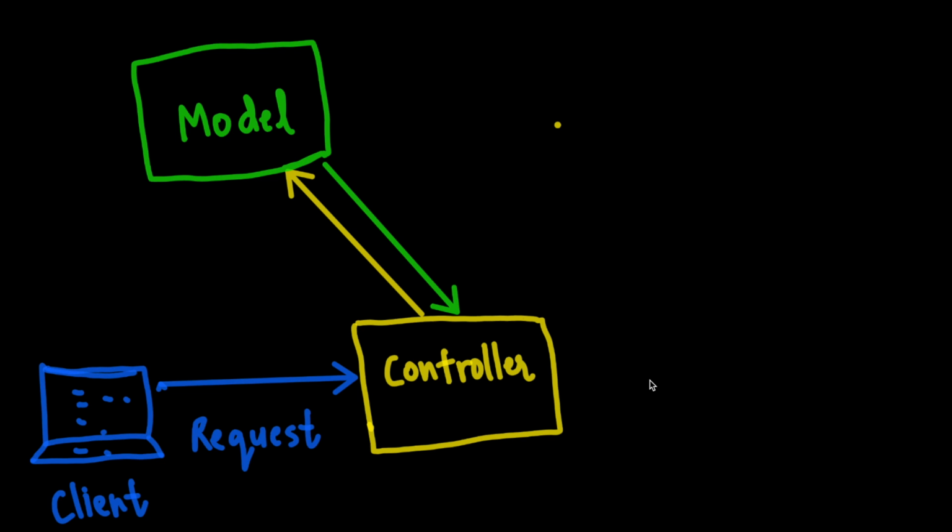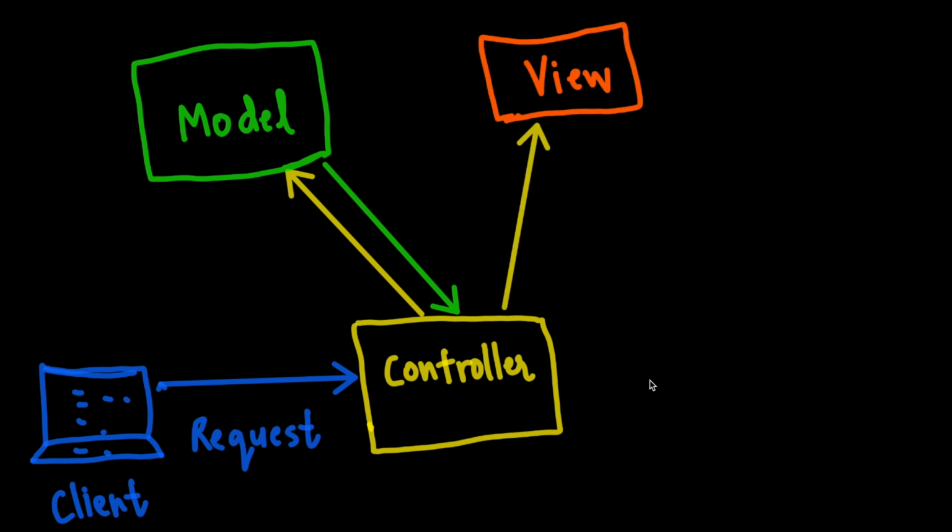And then the controller takes it and basically interacts with the model, right? And it tells the model what action needs to be taken. Mostly it is when you submit a form or something like that, then the model needs to update the data. So those kinds of things.